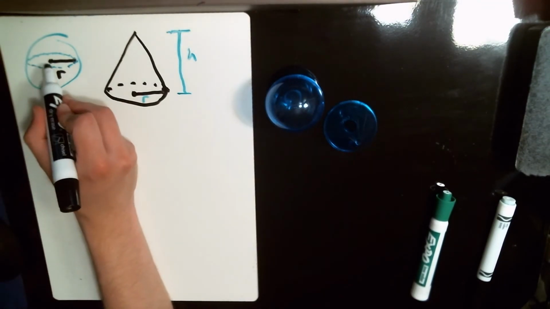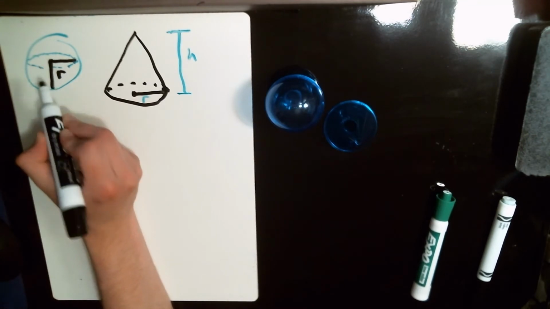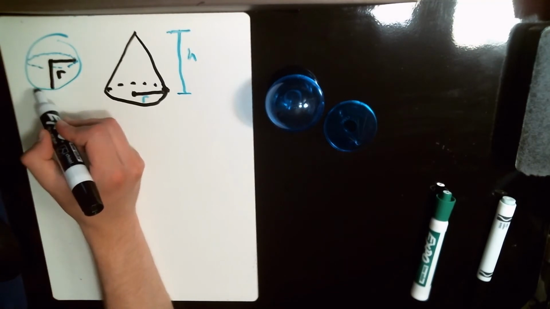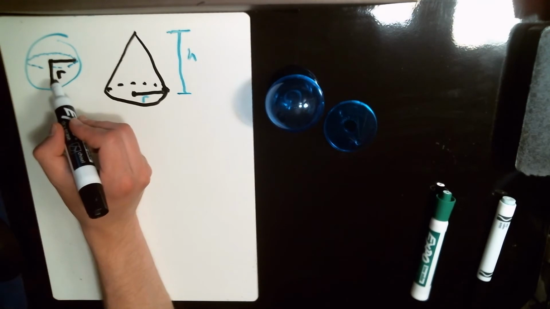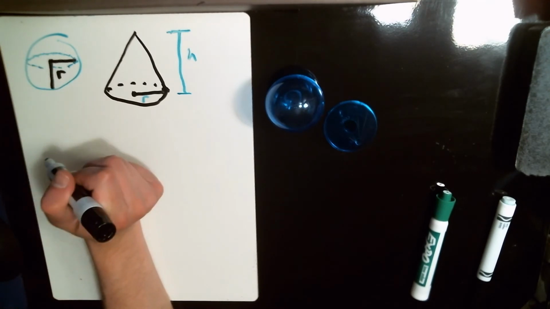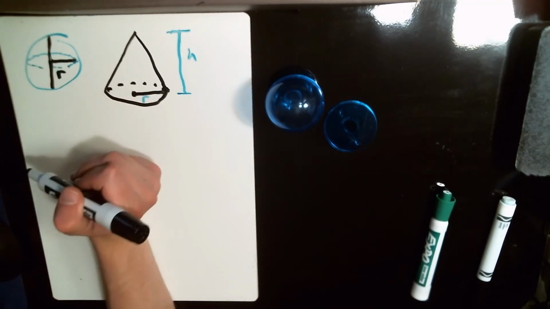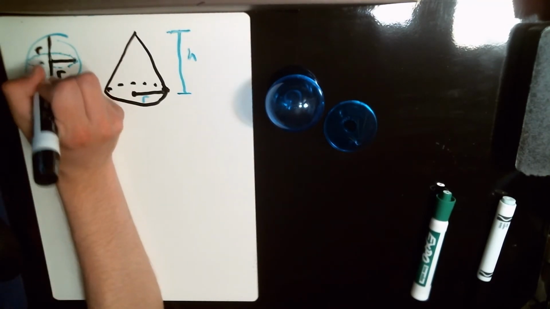Okay, so if you notice, the radius is also the same, like this distance from the center of the sphere out to the edge. Okay, that's the same as the radius, right? So both of those are the radius. As well, you could draw a line up from the center to the top of the sphere. This is also the radius.